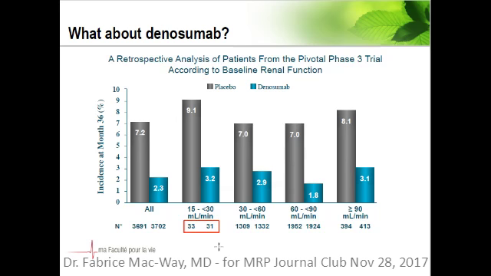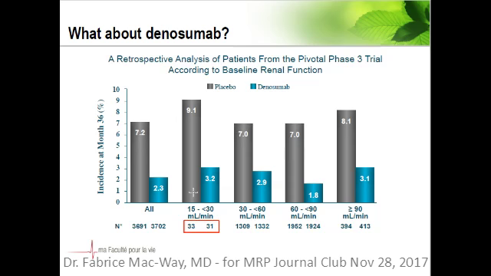But then again, when you look at the studies that have been done, in patients between 15 and 30 mL per minute, there were only 60 patients. So we don't have any studies about denosumab in advanced CKD patients. If you're over 60, you can give denosumab.